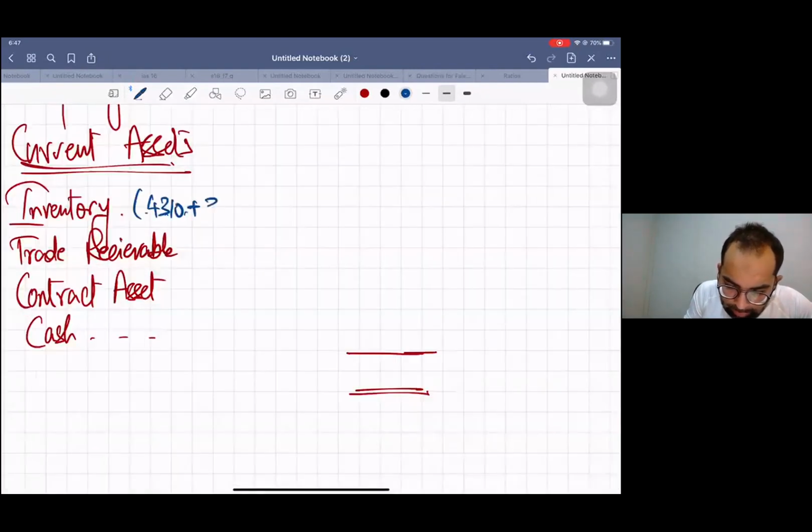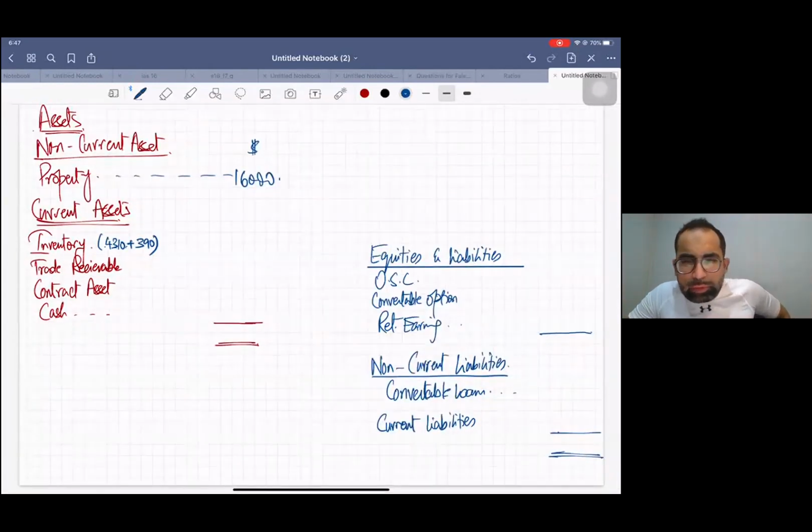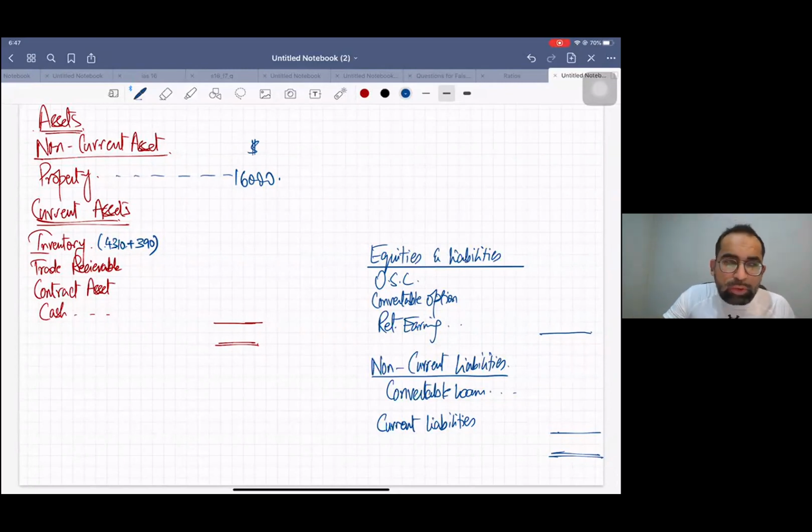Plus, hope you remember, adjustment number 5, we increased the inventory by 390. So 4310 plus 390 is 4700. This is 4700.